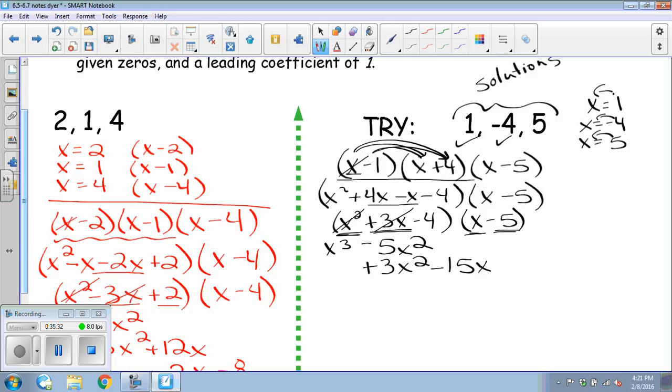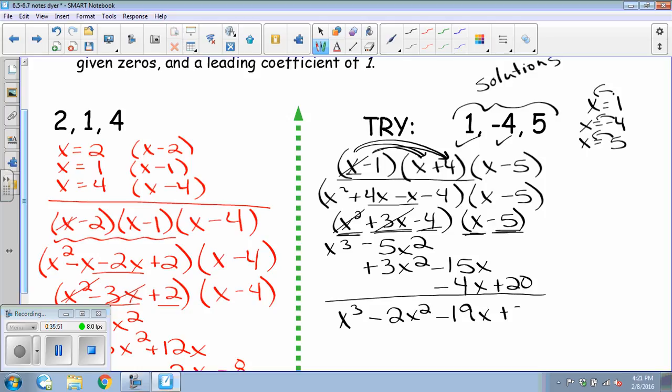Finish distributing that one. Negative 4 times x is negative 4x. Negative 4 times negative 5 is positive 20. So when I combine all of this, I get x to the third minus 2x squared minus 19x plus 20. And that is my polynomial that has these solutions.